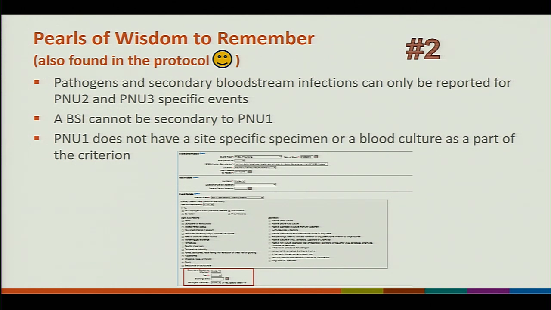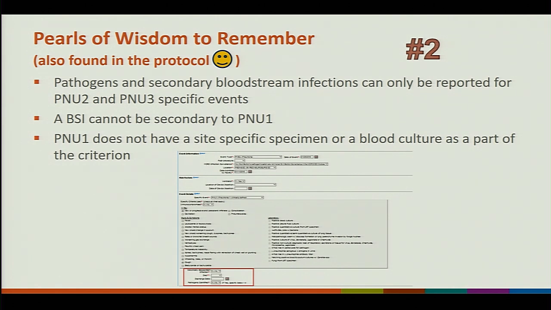Pearls of wisdom number 2: pathogens and secondary bloodstream infections can only be reported for PNEU2 and PNEU3. You cannot report a bloodstream infection as secondary to PNEU1, because there is not, 1, a site-specific specimen included in meeting the PNEU1 algorithm, or 2, a blood specimen.